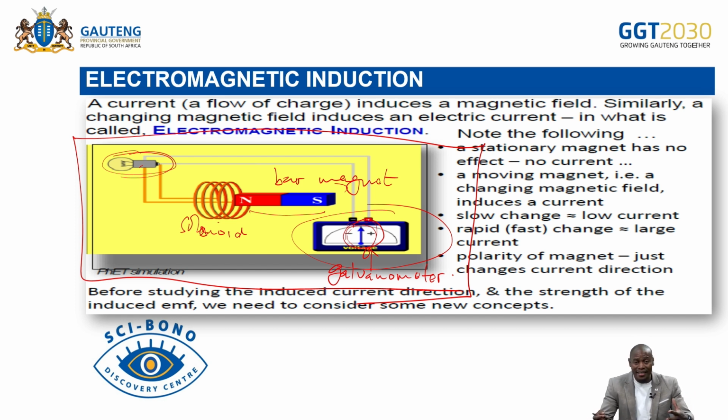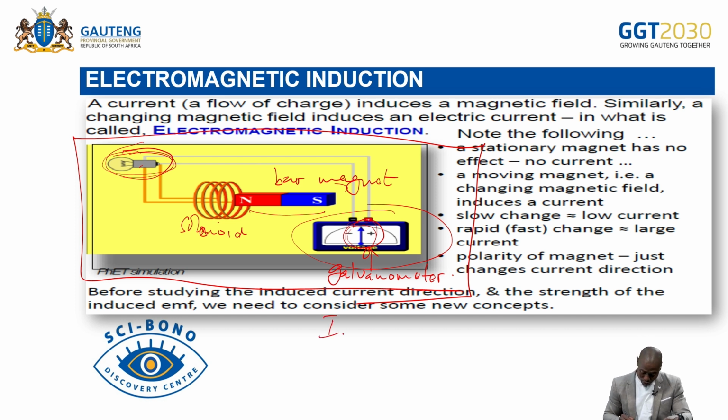Now let's say the current induced in this coil is not enough to make this bulb glow. What can we do to increase the amount of EMF or current induced in this coil? One, we can move the magnet in and out of the coil faster.